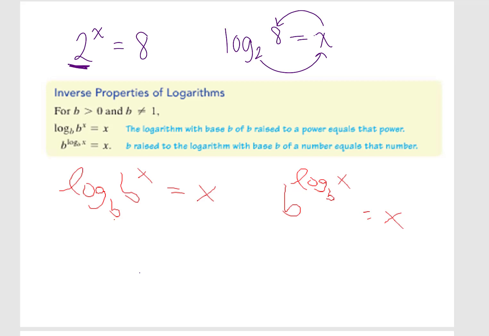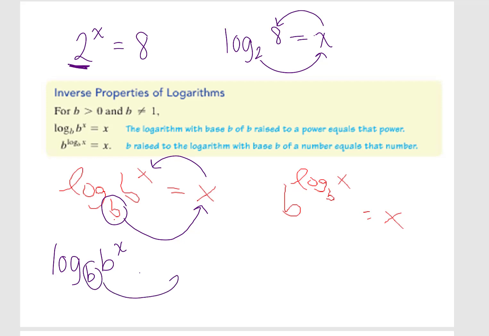So going back down here, I would say, okay, b raised to the x power equals b raised to the x power, right? So that's a true statement. Because of that, if I have something like log base b of b to the x, the question they're asking me here is b raised to what would be equal to b raised to x?